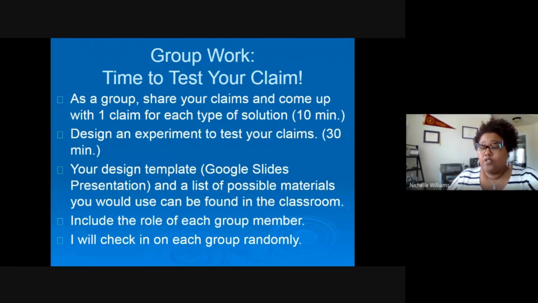You have a total of 40 minutes: 10 minutes to work on the claim, and then 30 minutes on your experimental design. Go on in your group and make sure you see your group leader, and they'll go over everything with you if you've missed anything. Thank you, Donovan.